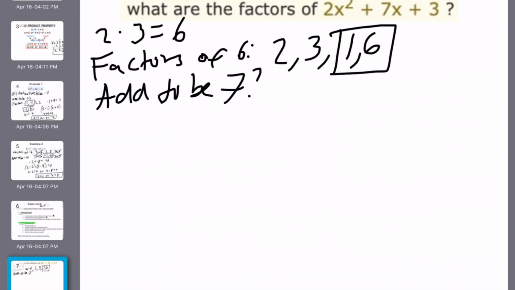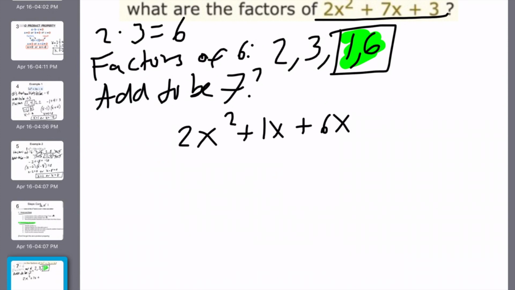So now here's what I do. This is where it gets to be a little bit different. I'm going to rewrite my original quadratic using 1 and 6 to make 7. So I'm going to have 2x squared plus 1x plus 6x plus 3.